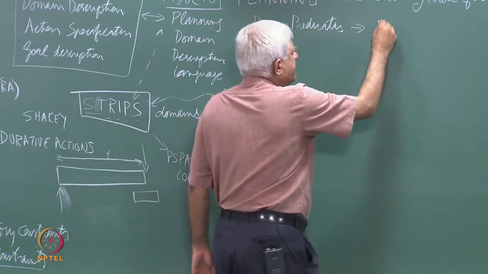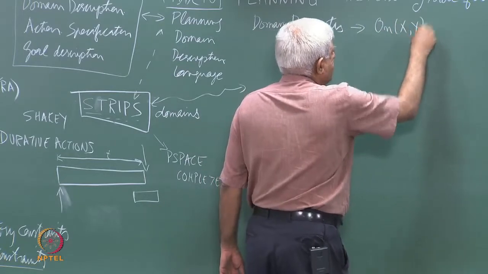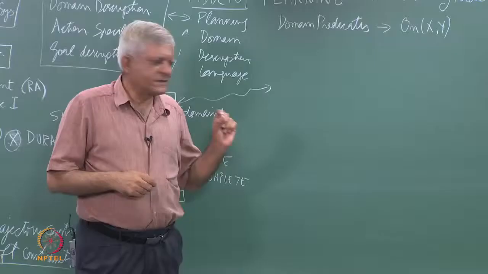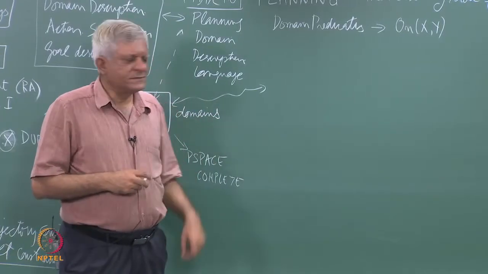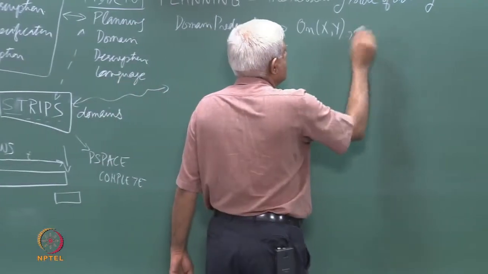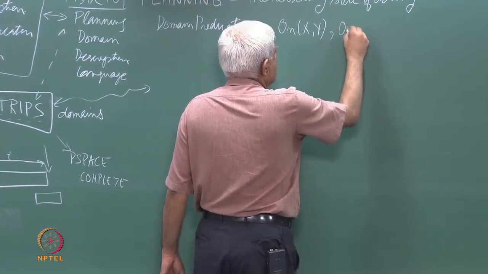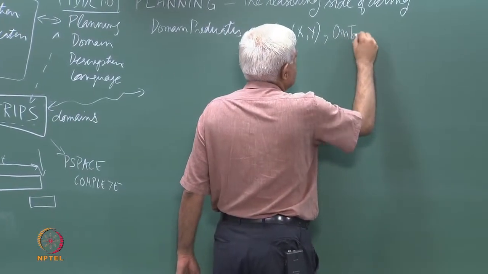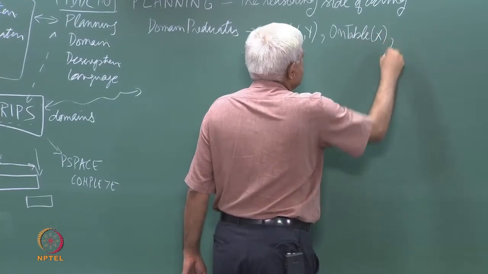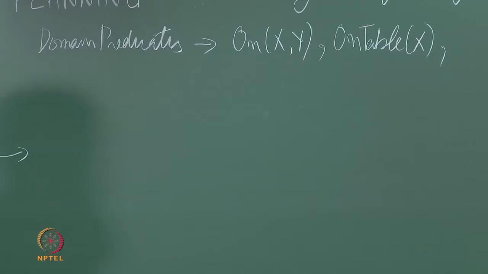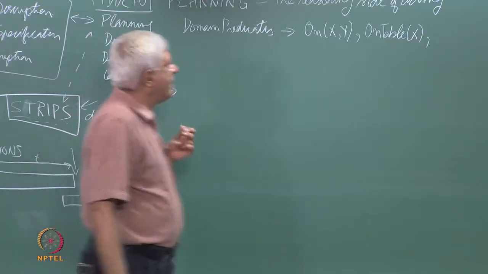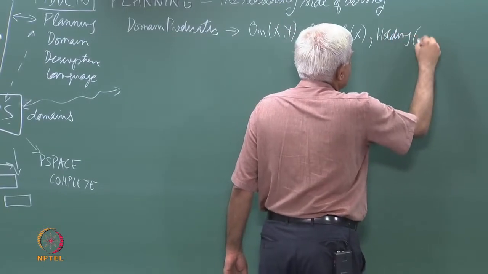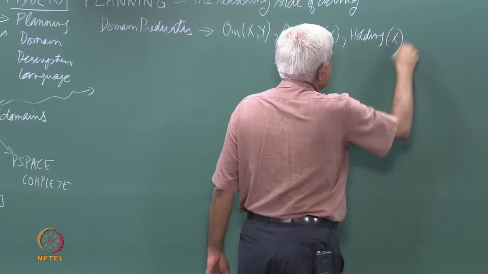So, for example, we might say on(x, y), where x and y are variables, to signify that block x is on block y. Then we can have, I will use the ones used in STRIPS, ontable(x), then holding(x).